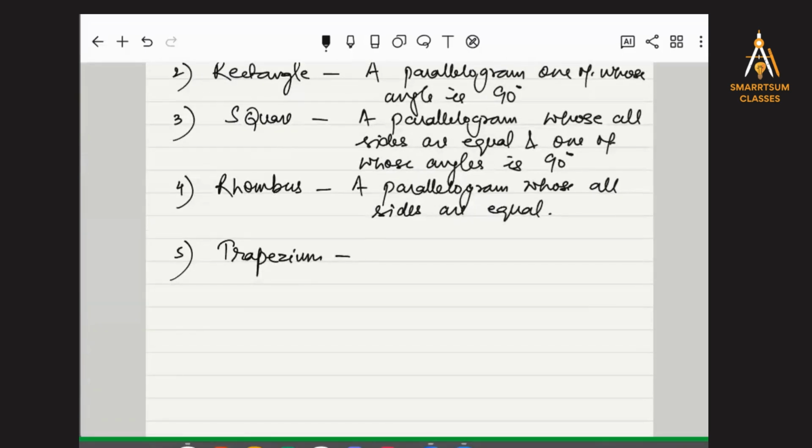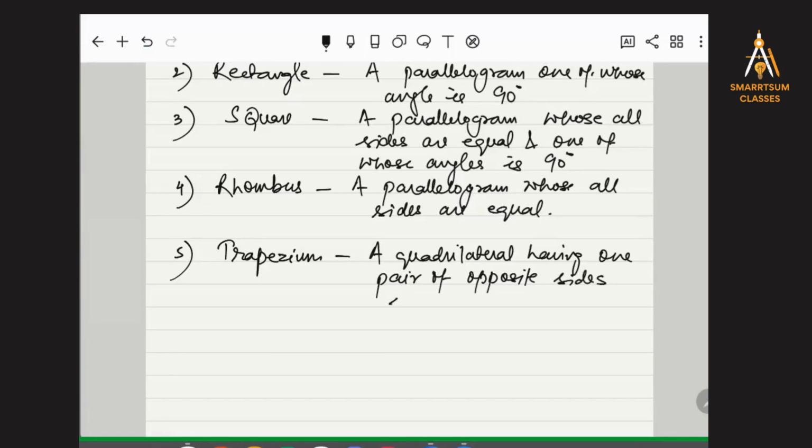So write it: a quadrilateral having only one pair of opposite sides parallel. So the necessary and sufficient condition for a quadrilateral to be a trapezium is that it has only one pair of opposite sides parallel. Are you getting that?